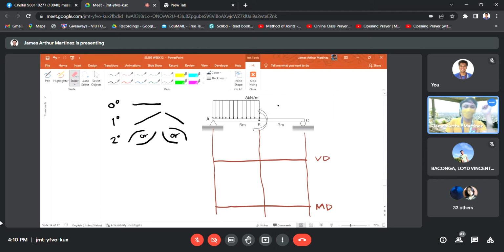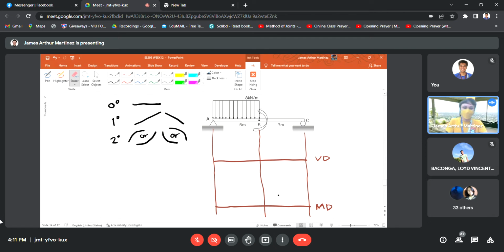Okay? So for no loading, like for this case kang BC wala di ba loading, so pag abot sa imong shear diagram, 0 degrees, so constant lang. And then after shear diagram, kang moment diagram, mag plus 1 ta, so 0 plus 1, so you have 1 degree. So sloping ato ang graph.